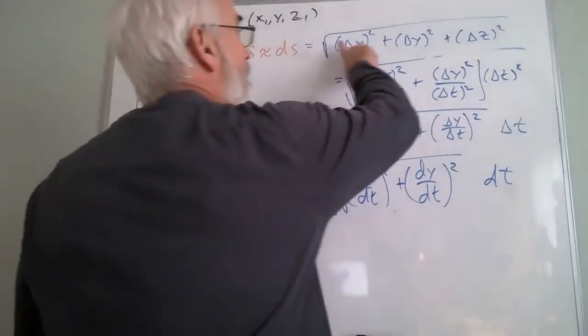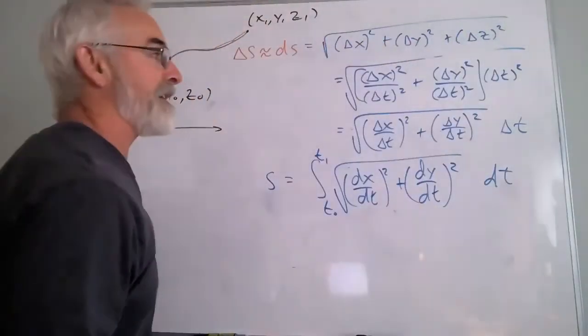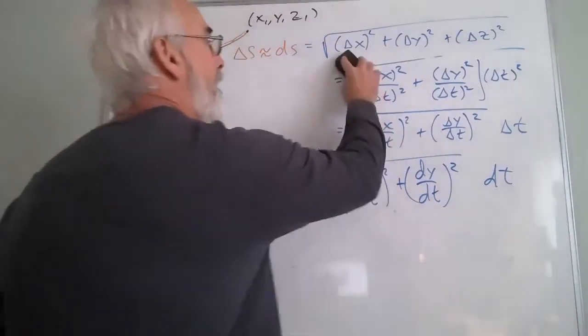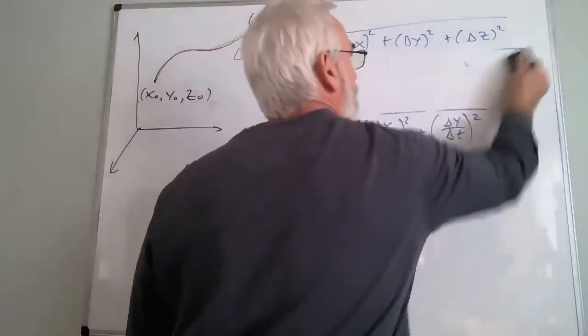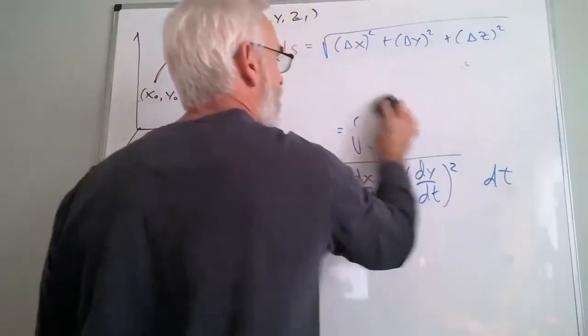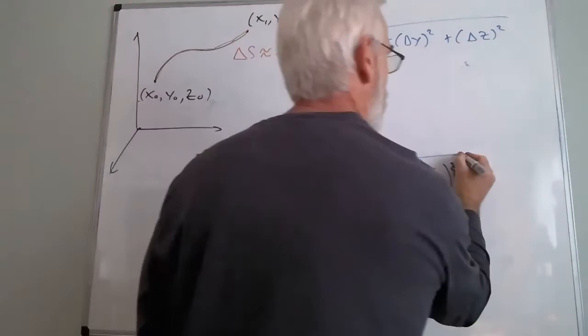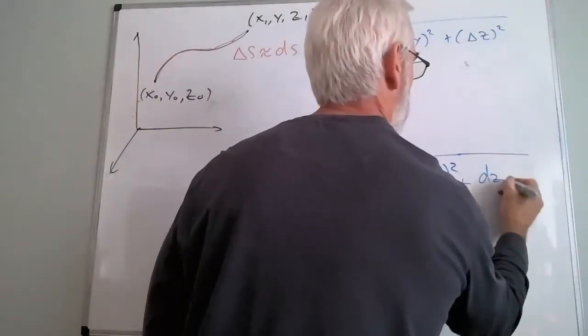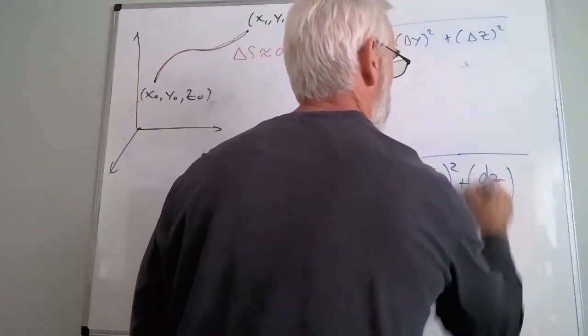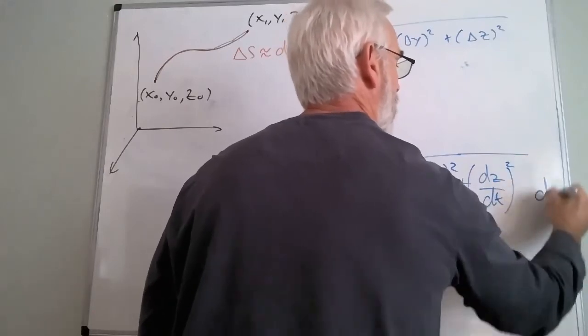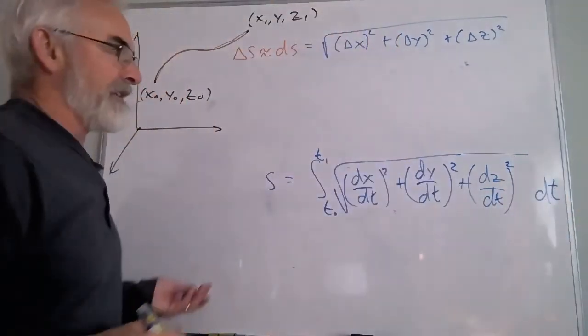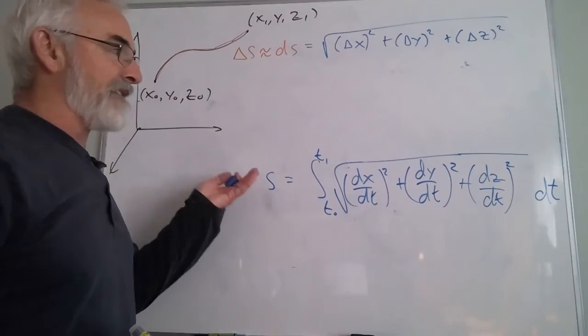All right, so this is the only difference now that we're in 3D. So when I fast forward, everything else is exactly the same, except that what am I going to have? I'm going to have one more term. That's the only difference.